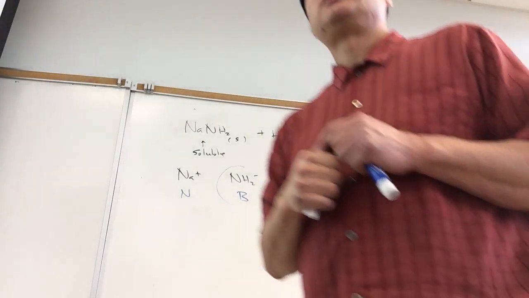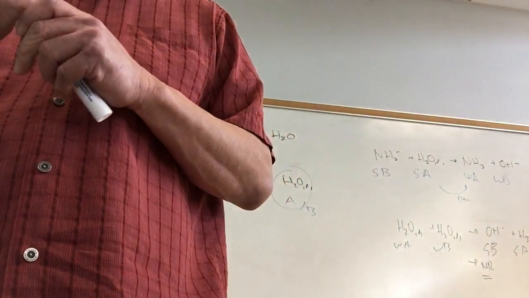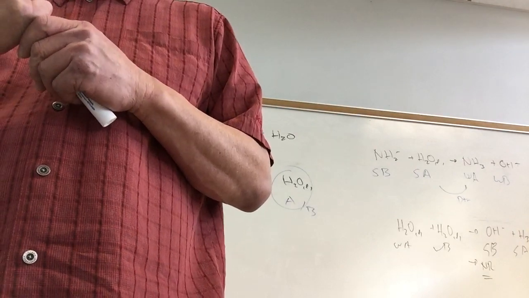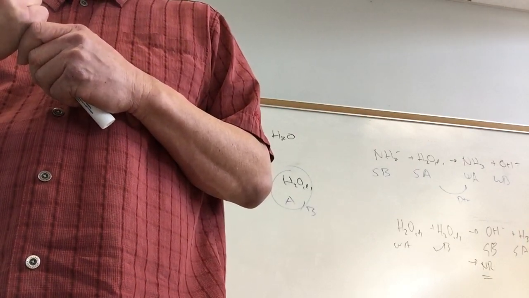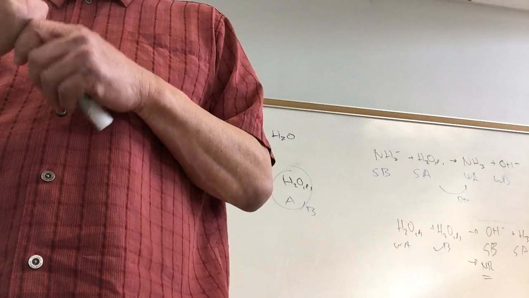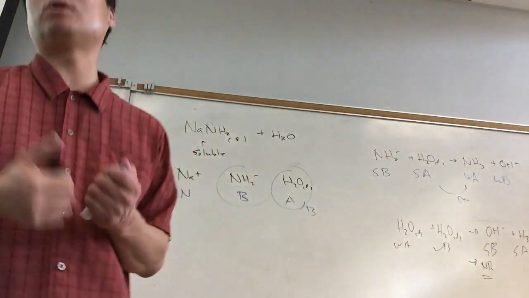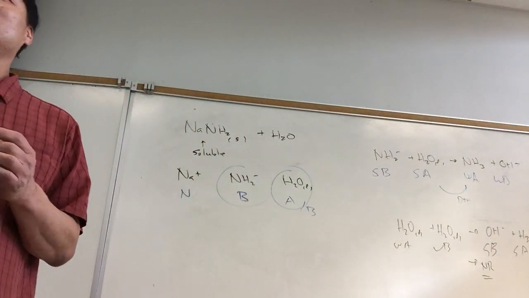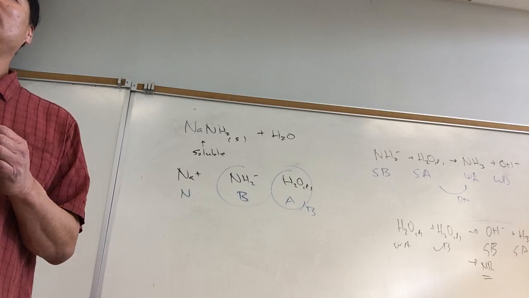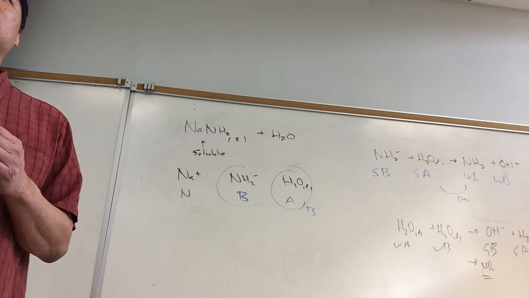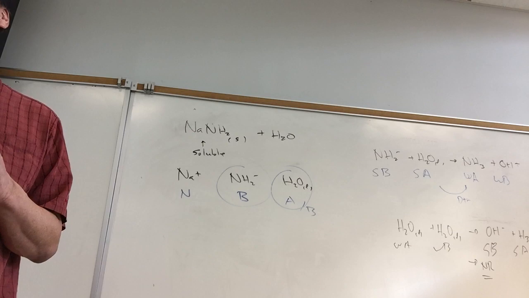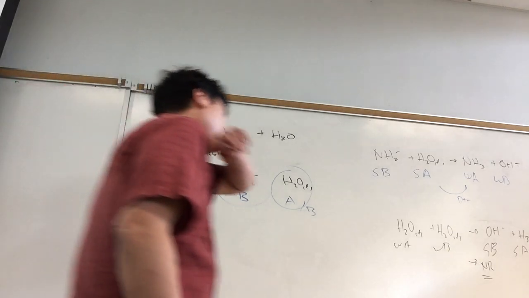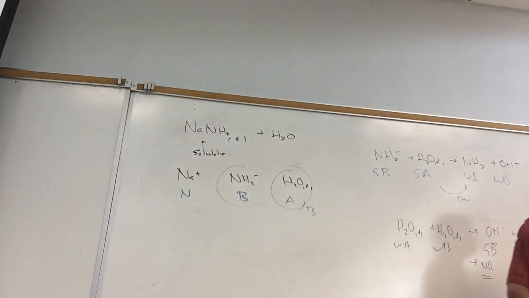But you might have seen this reaction before. Have you seen this reaction? Yes, we've seen this reaction before. We saw this reaction in Chem 1A when we were doing pH. The pH of water is 7. pH stands for power of hydronium, power of hydrogen ion concentration.